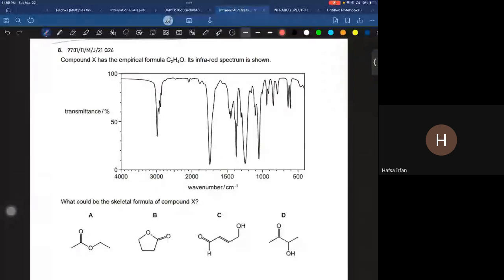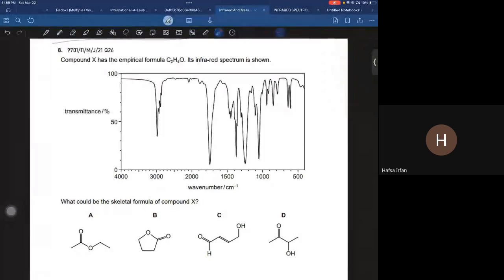It's an easy question. Compound X has the empirical formula C2H4O, and this is its infrared spectrum. First of all, we have to identify the peaks, and then we would be matching with the following compounds.